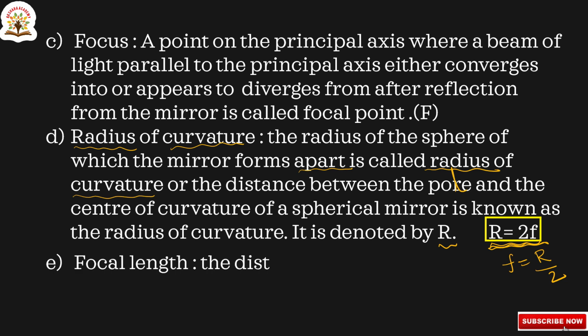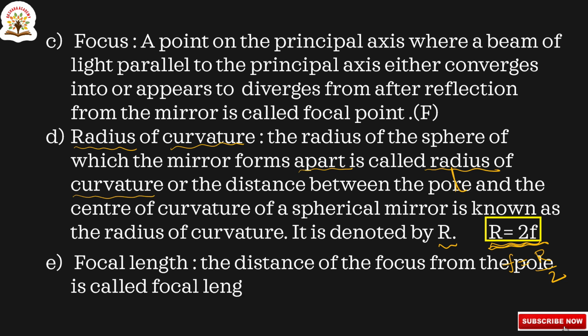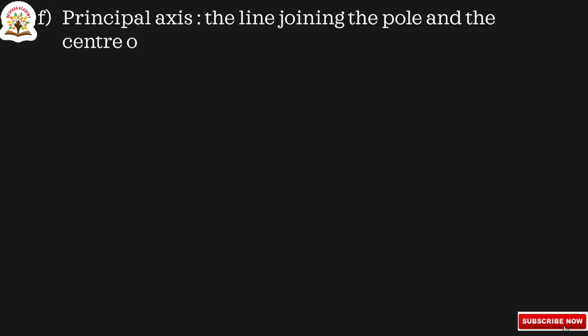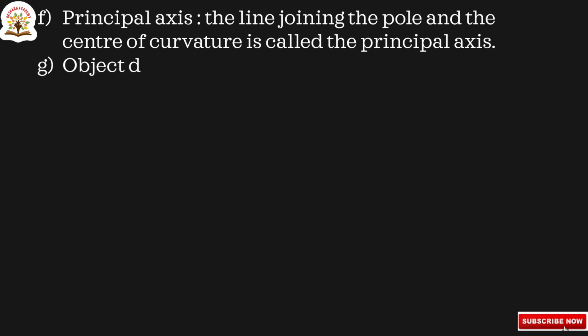Next, focal length. The distance of the focus from the pole is called focal length of the mirror. That is denoted by letter small f. And next, principal axis. The line joining the pole and the center of curvature is called the principal axis.